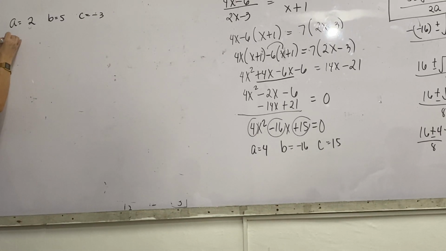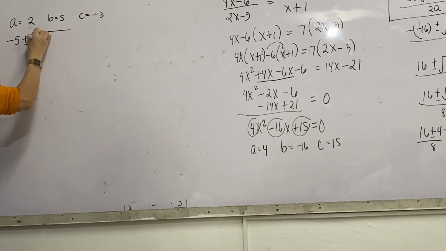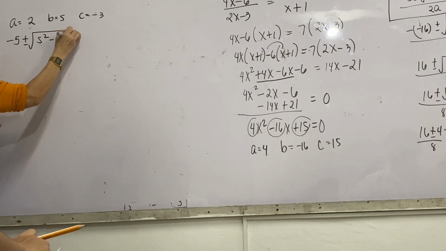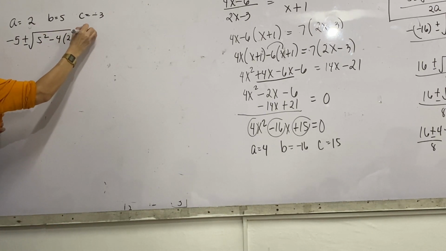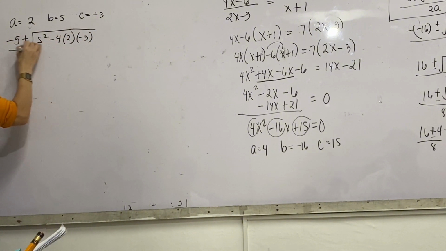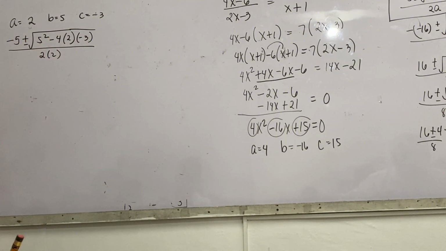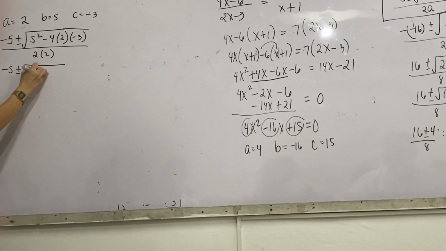So negative 5 plus minus the square root of 5 squared minus 4ac all over 2a. Nakuha niyo po ba yan? Yes. Okay, then we have negative 5 plus minus, what is 5 squared? 25.